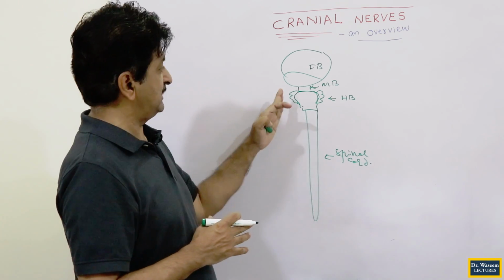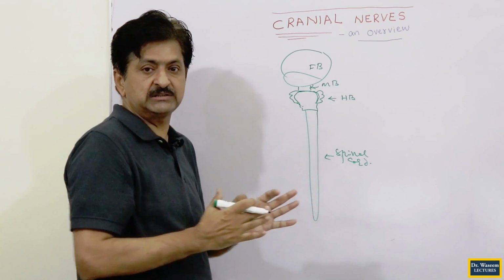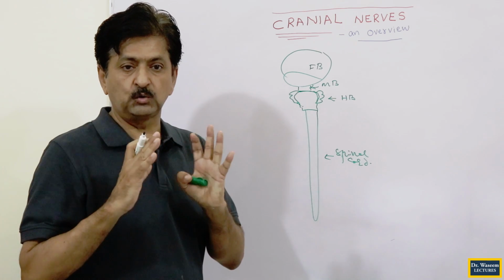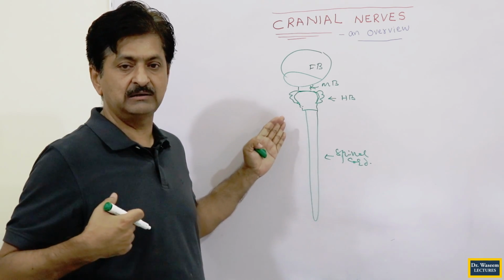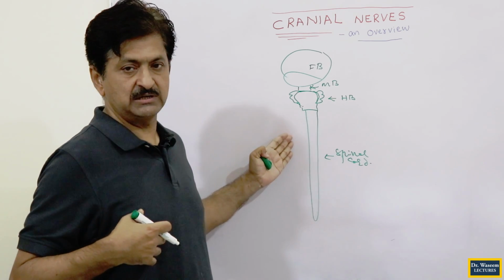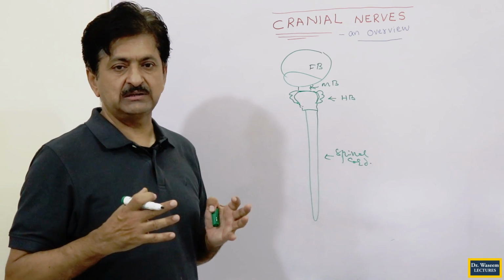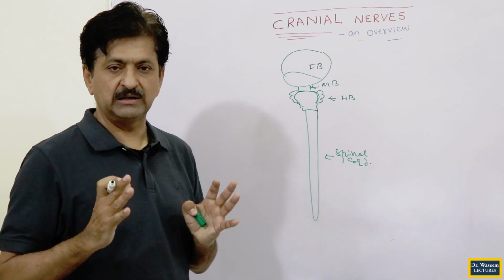If you look at this, the central nervous system is actually enclosed within the cranial cavity as far as the brain is concerned, and the vertebral canal, or the spine, as far as the spinal cord is concerned. It is attached with the peripheral nervous system, that is called the nerves.